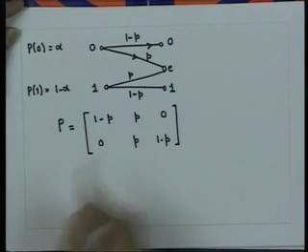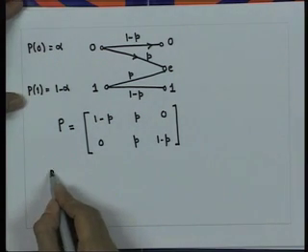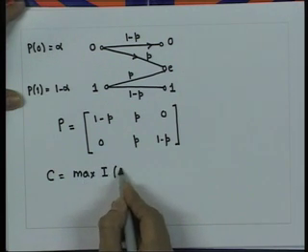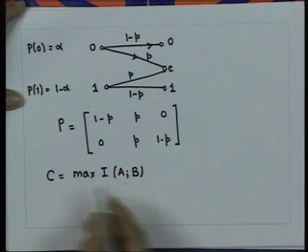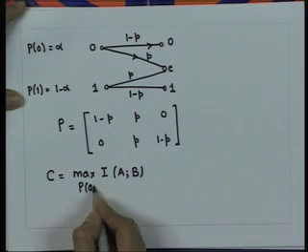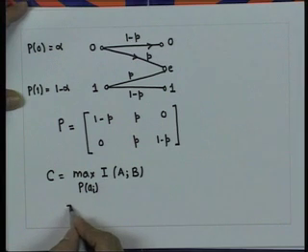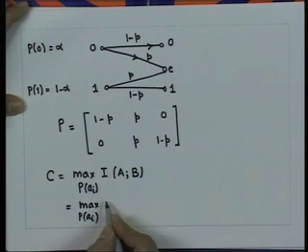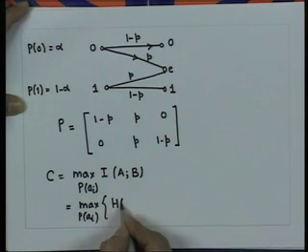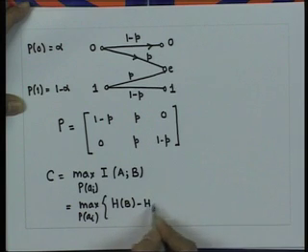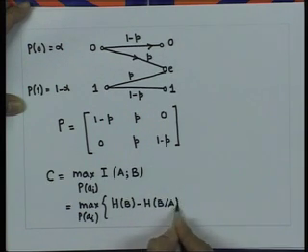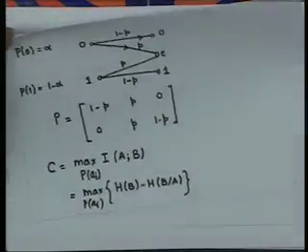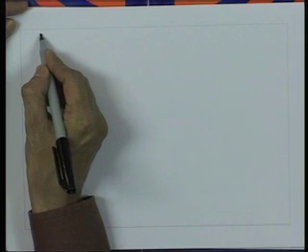So, calculation of the capacity requires calculation of mutual information and maximum over P(A_i). So, this is equal to the maximum over P(A_i) of H(B) minus H(B given A).